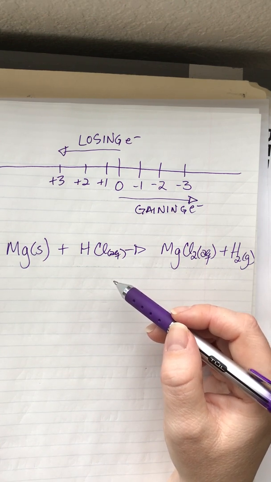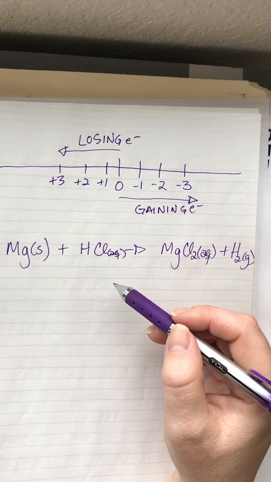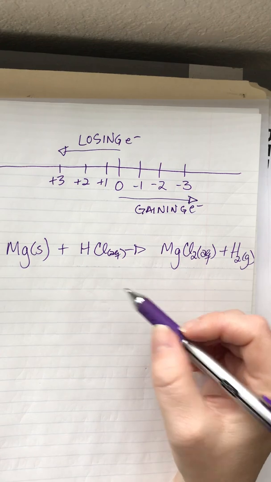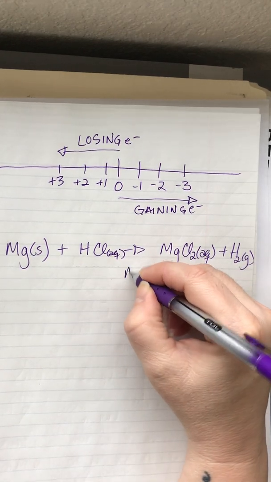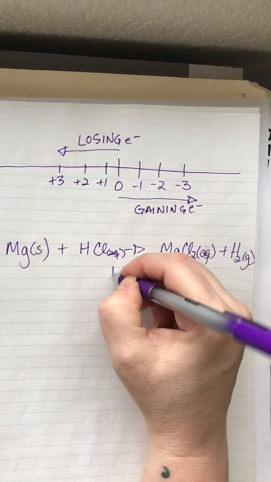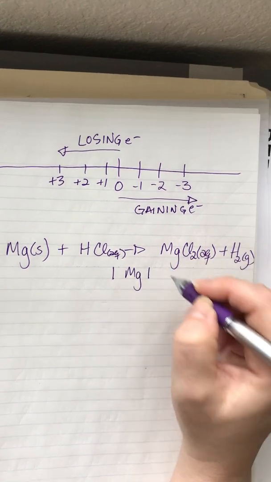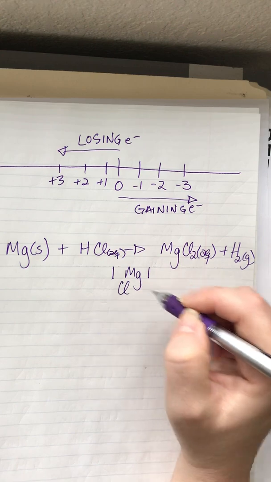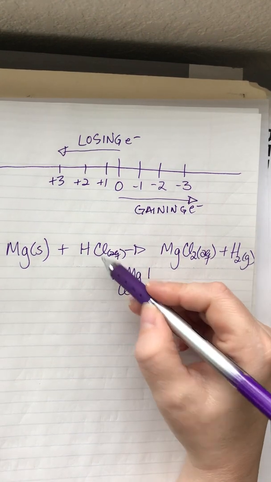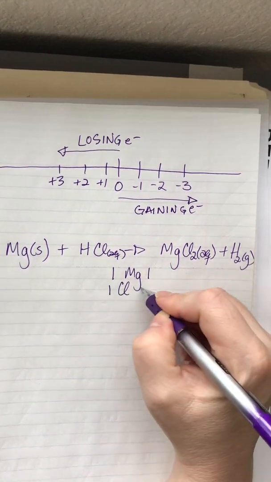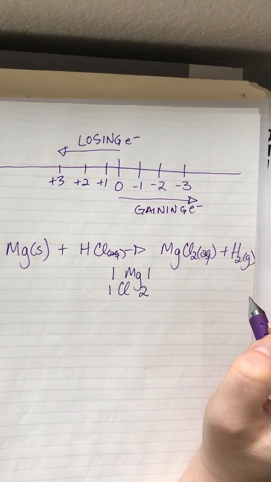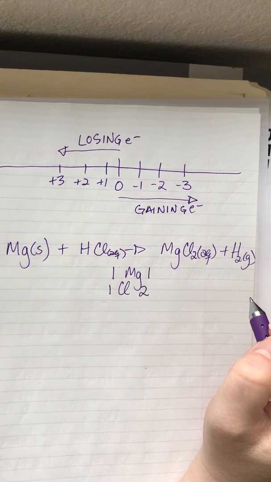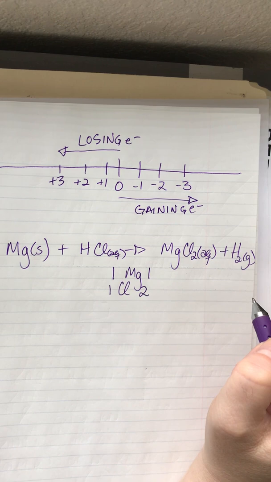All right, so what's the first thing we always want to do when we're looking at a chemical reaction? Balance it, right? So I have 1 magnesium on this side, and 1 magnesium on this side. Chlorides, I have 1 on this side and 2 on this side. What could I do to balance the chloride?